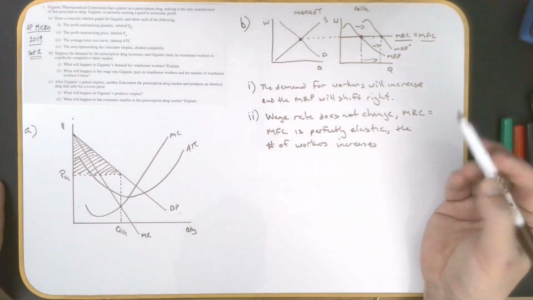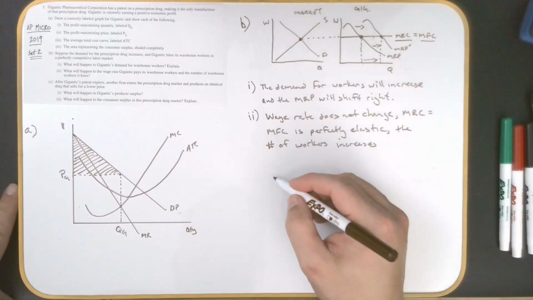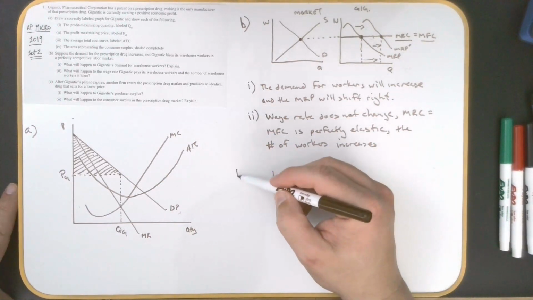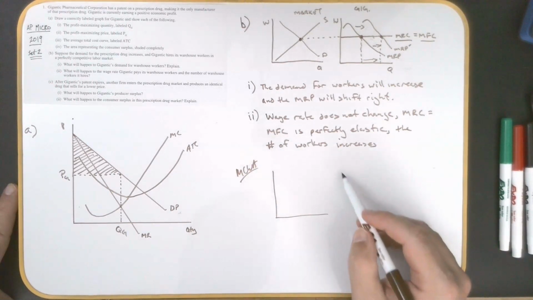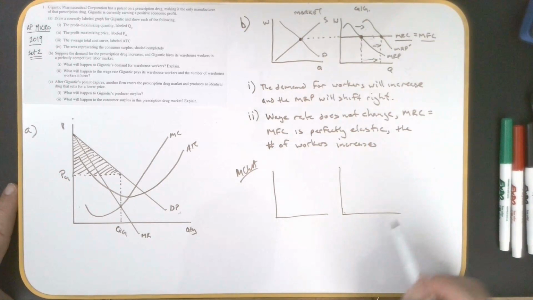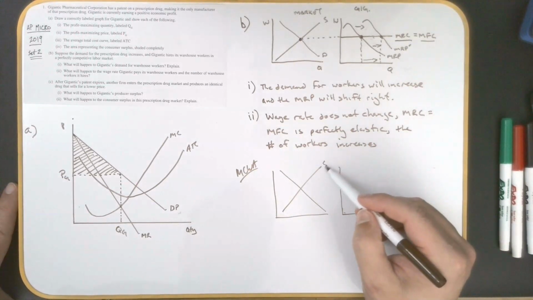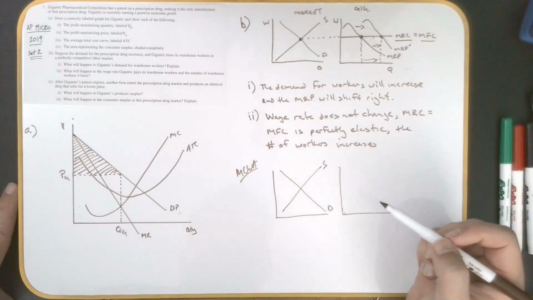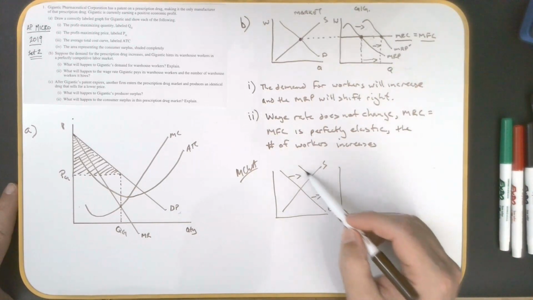Okay, so that's it for that question, but I do want to just show you, here was the most common wrong answer, but it's a good wrong answer. This was the misunderstanding some students made. They thought, well, there is an increase in demand for workers in the marketplace. So they thought, oh, there's an increase in demand.